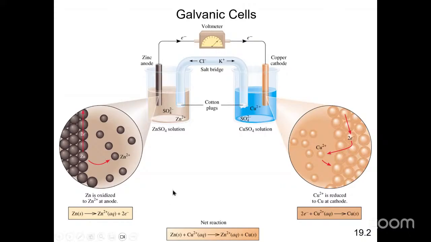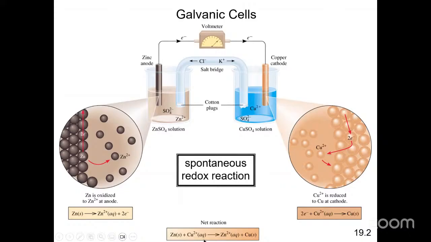So this is a spontaneous redox reaction, and we know what that means: it produces energy in the form of electrical energy, and the current that is produced enters the external circuit. Now, a couple of things I need to mention.